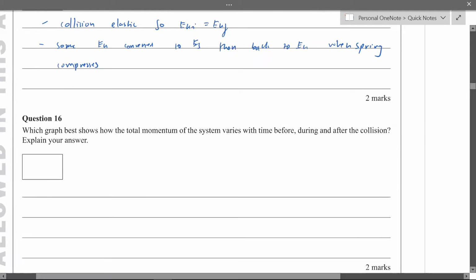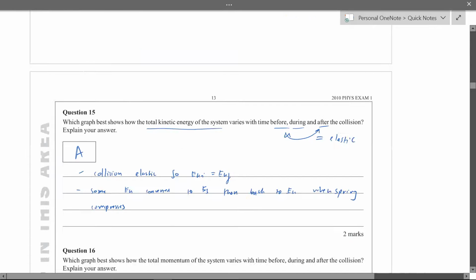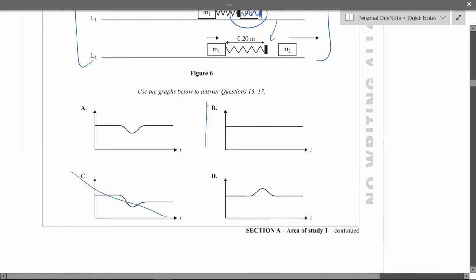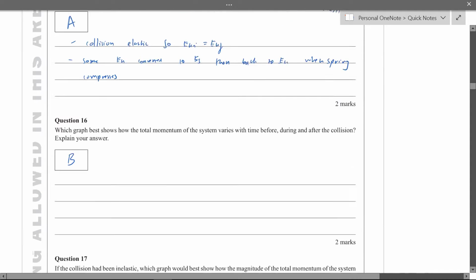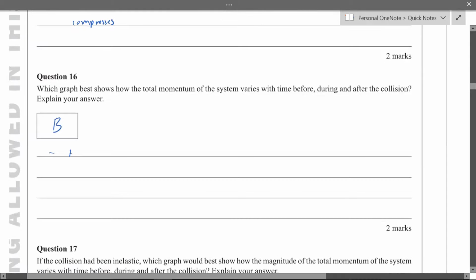Now it's asking for the total momentum before, during, and after, and we know that momentum is always conserved, so there should be no changes, so it's B. For the explanation, I will just write: momentum always conserved.